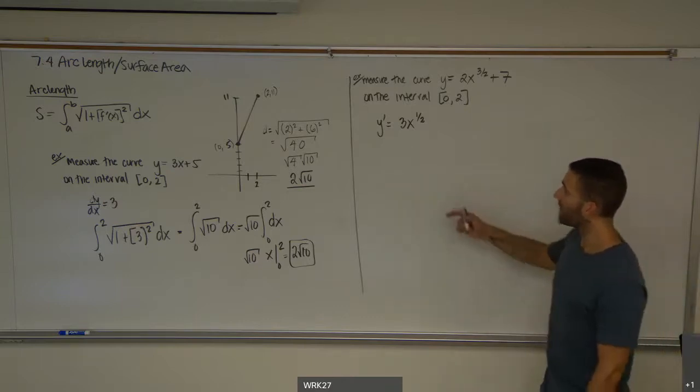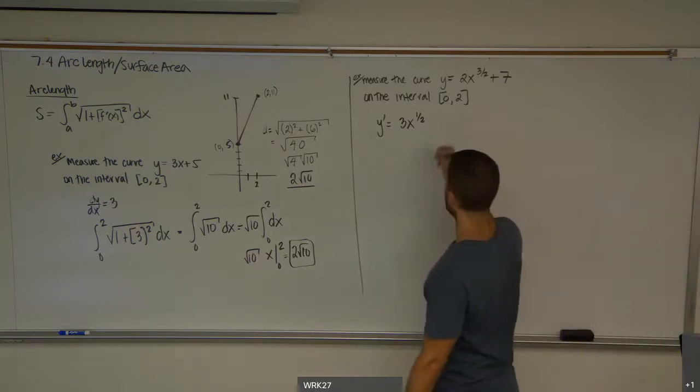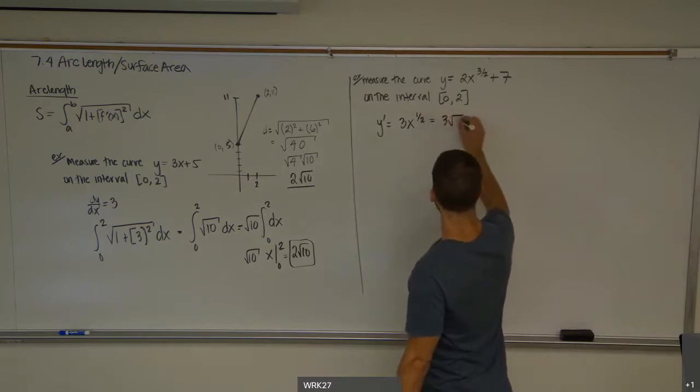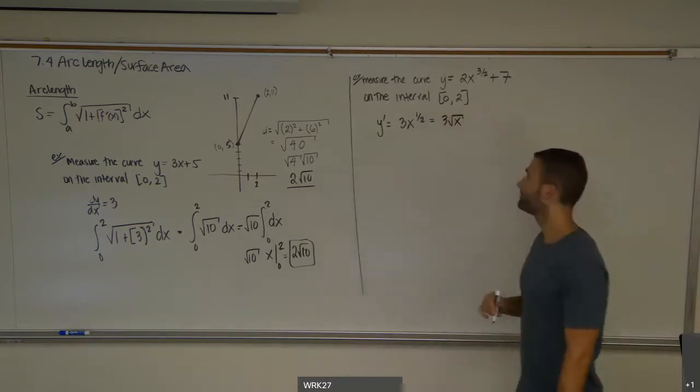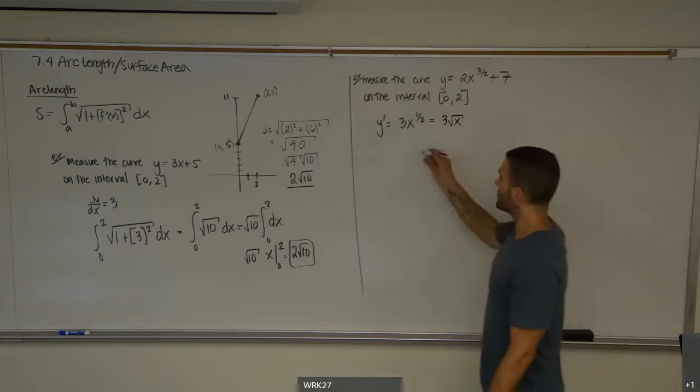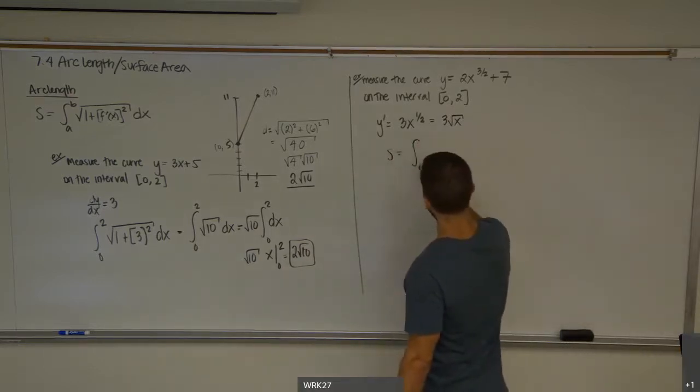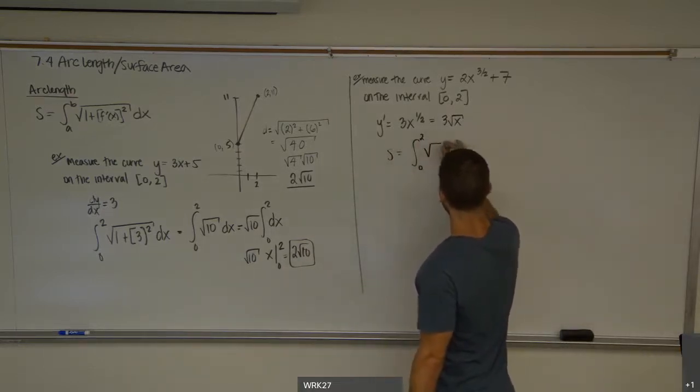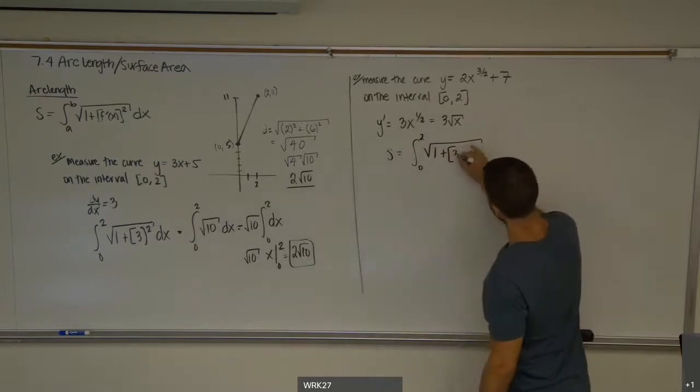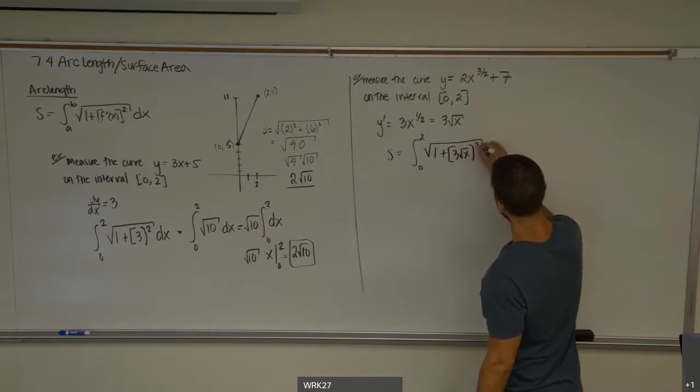And remember that when we plug it in, we are going to be squaring the derivative. Let me rewrite this real quick. 3 square roots of x. And so if I use my arclength formula now, we would get the definite integral from 0 to 2, the square root of 1 plus my derivative, which is 3 square roots of x, squared dx.